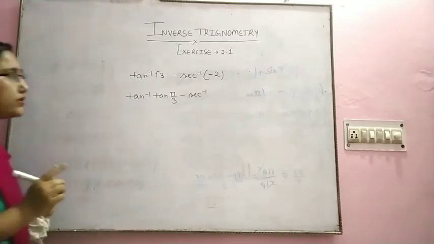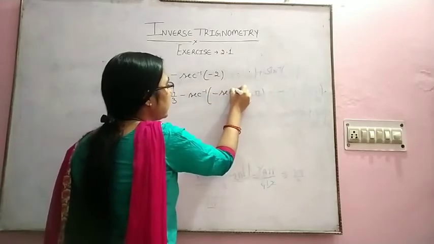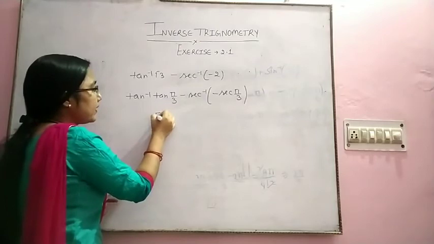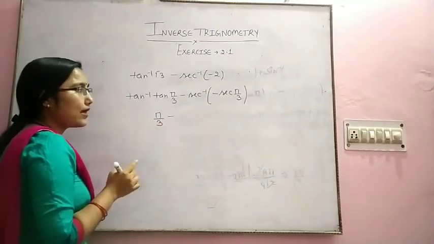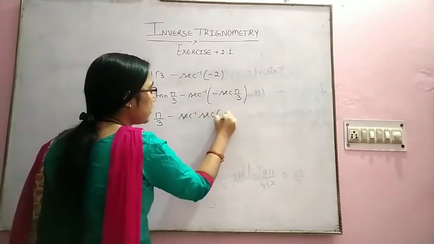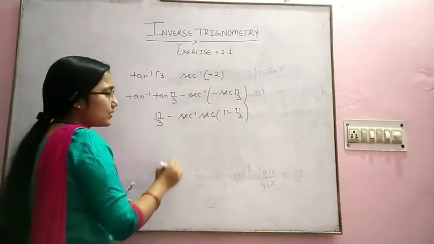This is also pi by 3. This is minus sec pi by 3. Tan inverse and tan will be cancelled out. We get pi by 3, minus sec theta is also written as sec 180 minus theta. So this is sec inverse sec pi minus pi by 3. Sec inverse and sec will be cancelled out.